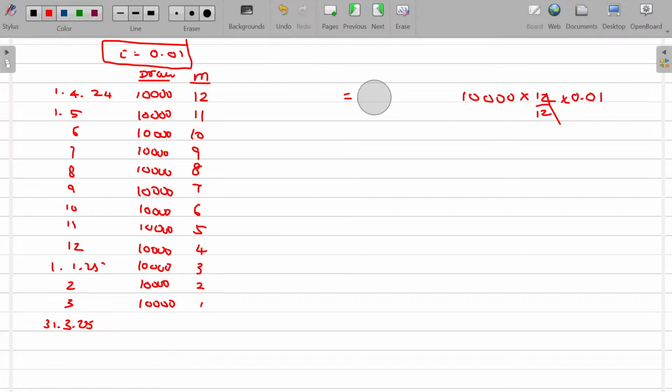Is that okay? 10,000 into 1 year, that gives 100 rupees. Clear? 100 or 1,000?